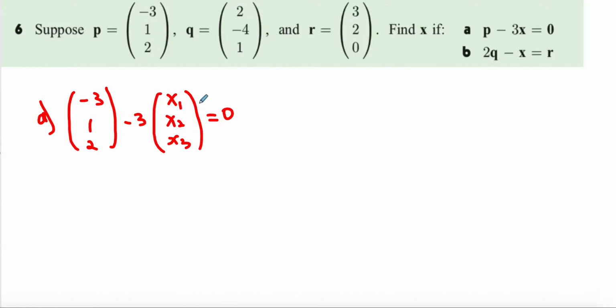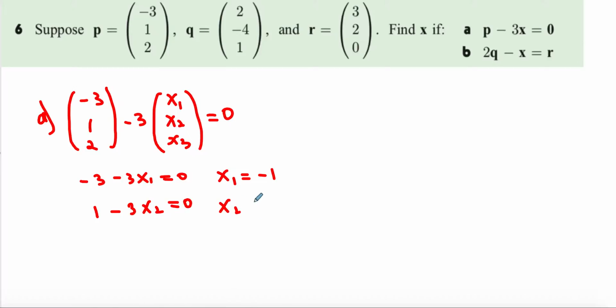Then we end up getting -3 minus 3 x of 1 is equal to 0. Then we get to realize that x of 1 is equal to -1. Now, the second one is 1 minus 3x of 2 is equal to 0.